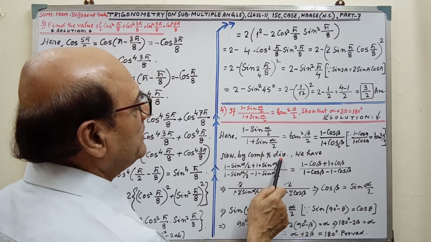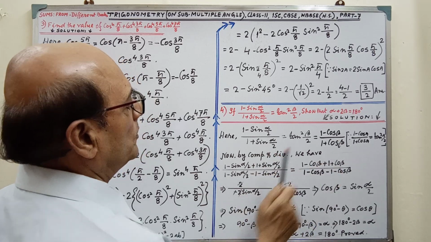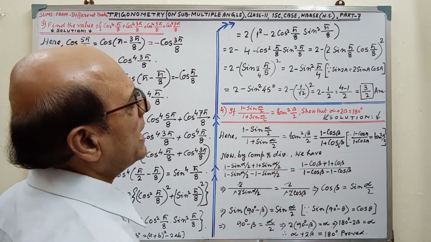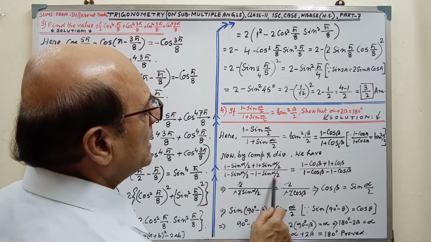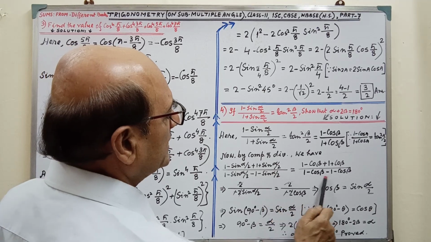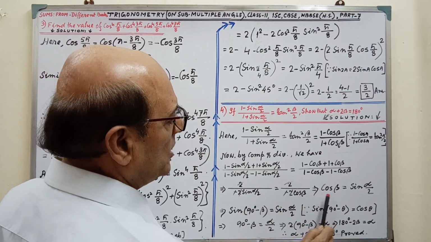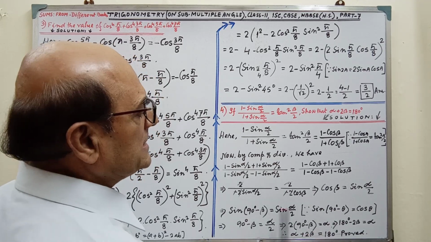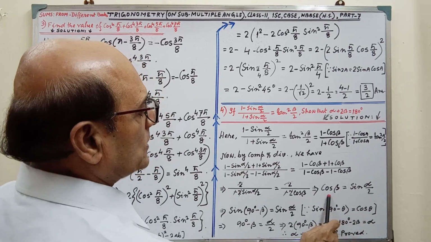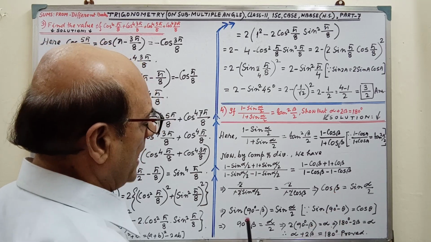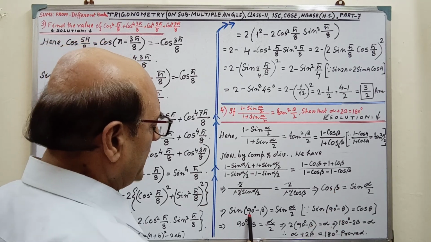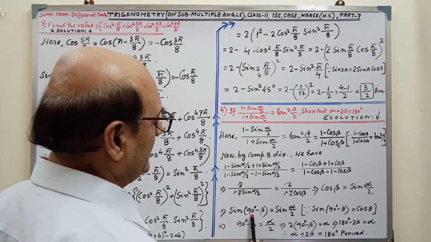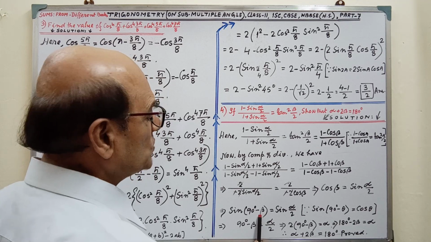Now we have to take componendo and dividendo. Taking componendo and dividendo both sides, that is a plus b by a minus b equal to c plus d by c minus d. By applying componendo dividendo, we are getting this expression. Then by simplifying, we are getting cos beta equal to sin alpha by 2, and this cos beta again we have to simplify, that is sin (90 degree minus theta) equal to cos theta.